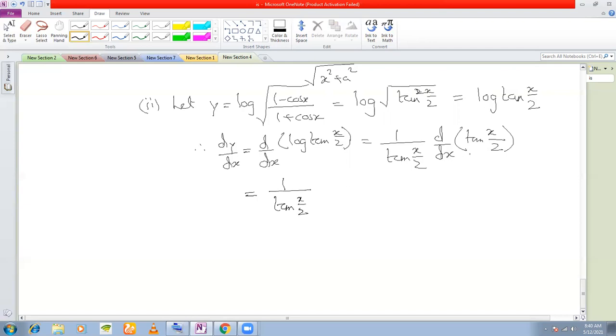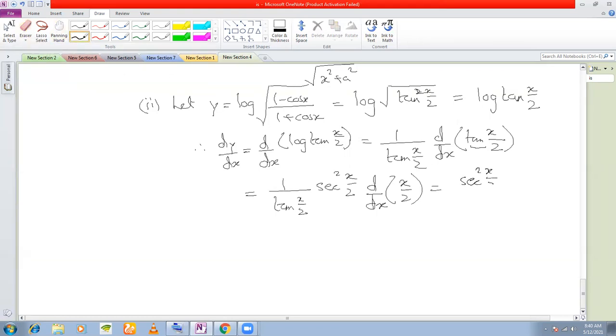How will you differentiate? First differentiate the tan to get sec square x by 2. And then you differentiate what is within the tan, so d dx x by 2, which is half. So you have sec square x by 2 by tan x by 2 simply.